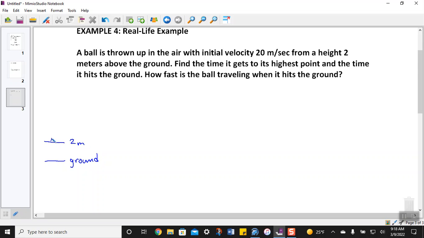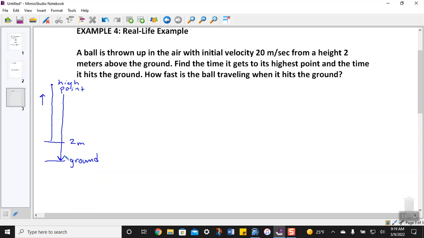So then it gets thrown up, goes all the way up to a point, maybe right up here. Then when it gets to that highest point, it starts to fall back. So it starts by moving upwards, gets to its highest point, and then it's going to fall all the way back down to the ground again, okay?